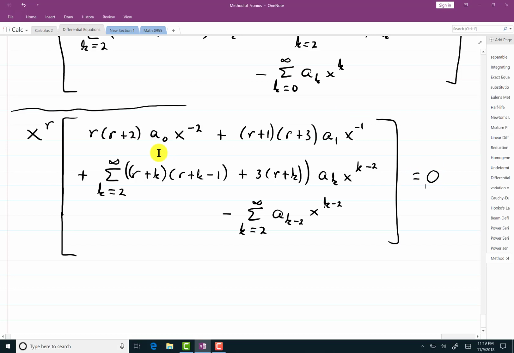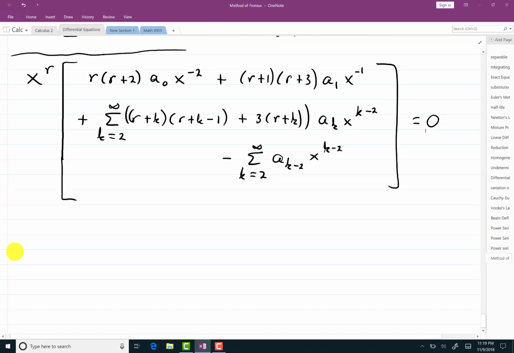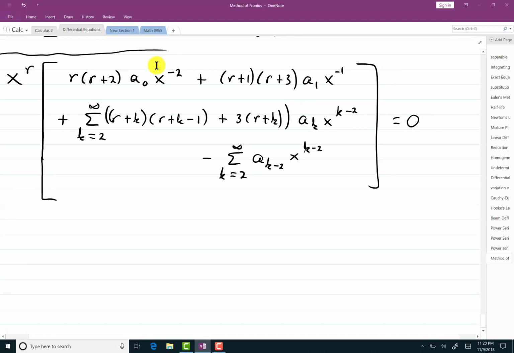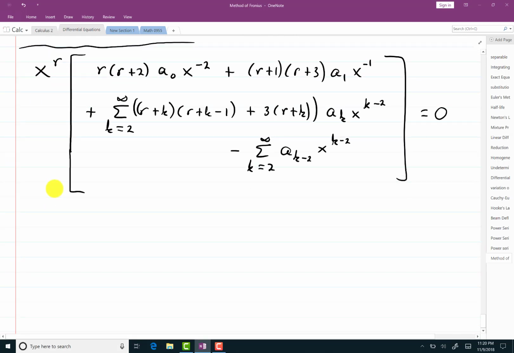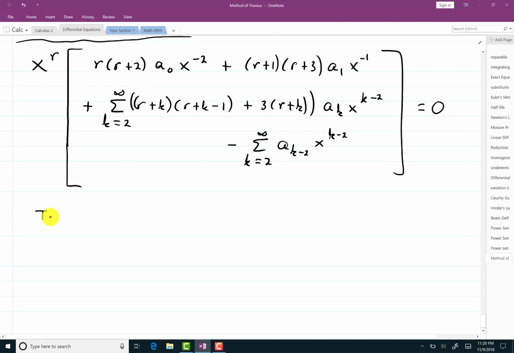Now then, in the indicial equation, I have r times r plus 2 equals 0. So the stuff attached to a sub 0, r times r plus 2, so r equals 0 and r equals negative 2.